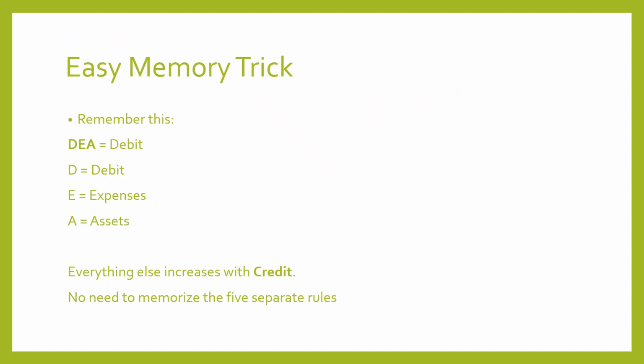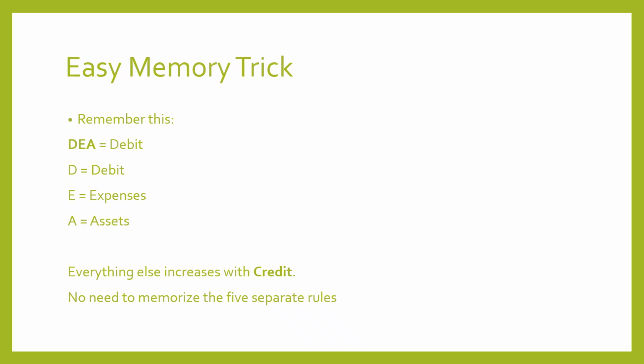Now, there's an easy trick to this. This easy trick, so you could remember this: DEA. DEA means debit, expenses, and assets. So always remember that anytime there's an increase in assets or expenses, it is on the debit side, while the rest increases on the what?